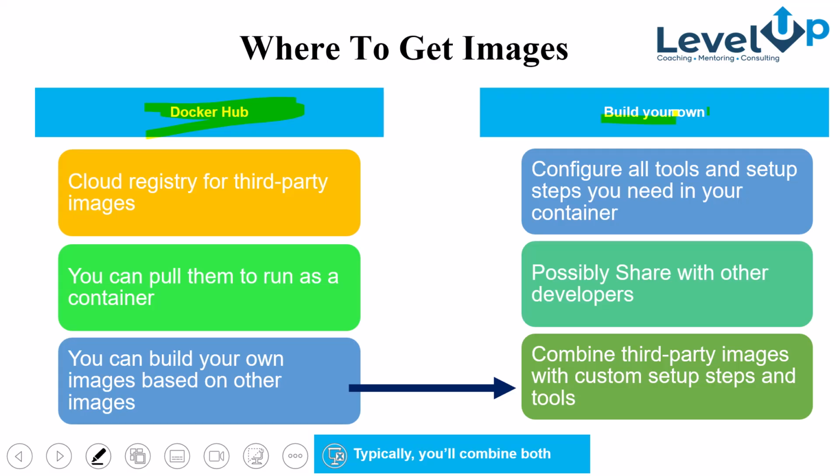The other option is to create our own images. Once I create our own image, we can push it to Docker Hub, so it will be available whenever we want to use it, or we can share it with our colleagues so that they can also use the image we have created on our own.